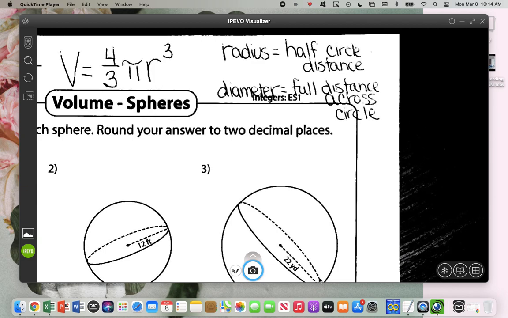On some of these, we will be changing those to diameter. So don't work ahead, because we will be changing some of those. Emma, let me know when you're done writing so you're ready.